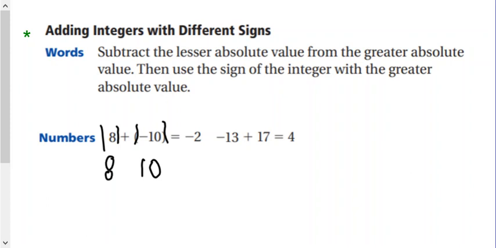Okay, so if we look at the definition, subtract the lesser absolute value from the greater absolute value. That means we would subtract 8 from 10, and then use the sign of the integer with the greater absolute value. So negative 10 is the integer with the greater absolute value, so we would use that sign. Okay, so our answer would be negative 2.